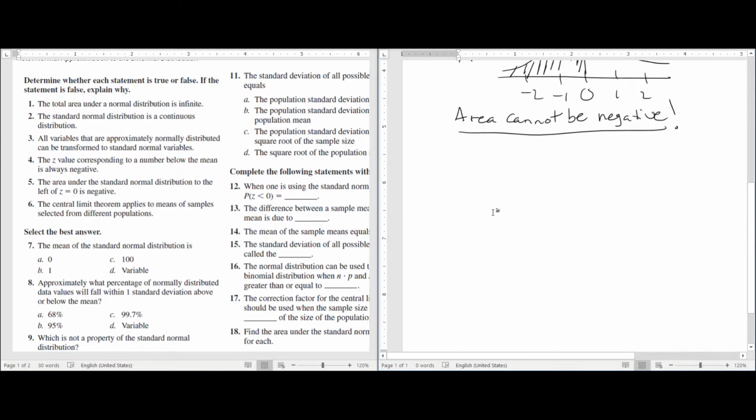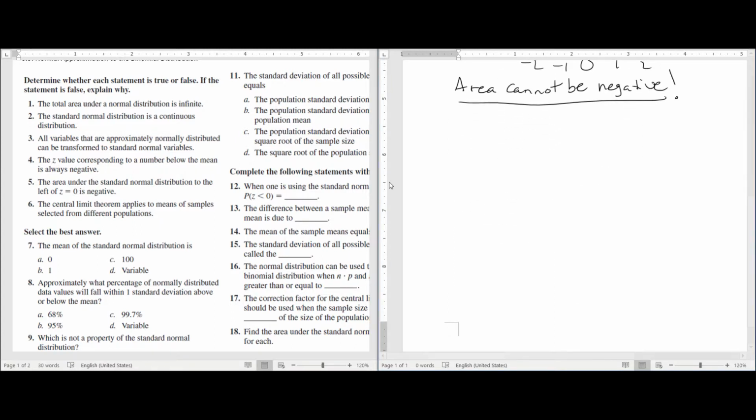All right. So now let's look at number 7. The mean of the standard normal distribution is what? So 0, 100, 1, or variable. So if it was the mean of the regular normal distribution, it would be variable. It depends on what the mean of the original is.